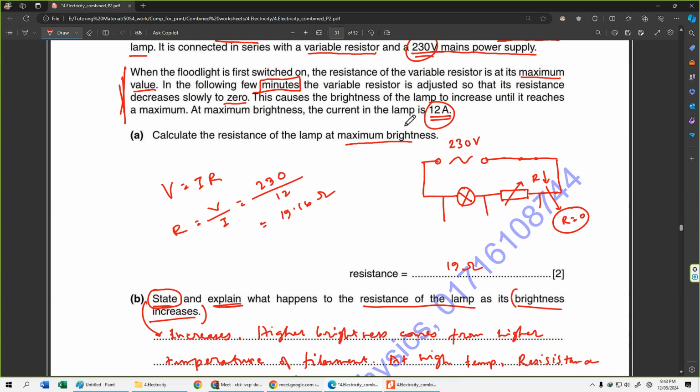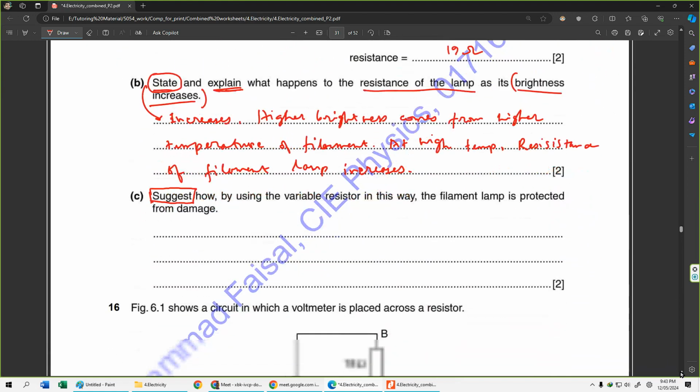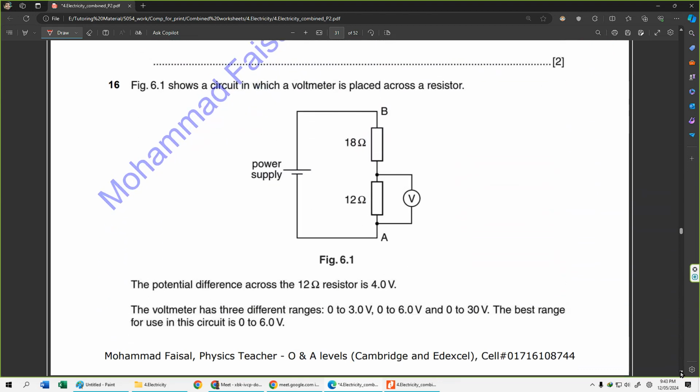So let's say we might as well start from whenever we set the variable resistor at a really large value, like a super large resistance, and then we close the switch so that the initial current might as well be, let's say, 1 ampere or 1.5 ampere or something like that. This gradually turns up the light's brightness and then it slowly goes higher. Okay, that concludes the discussion for this question, and then we have question number 16.